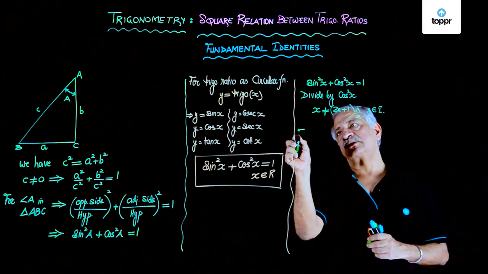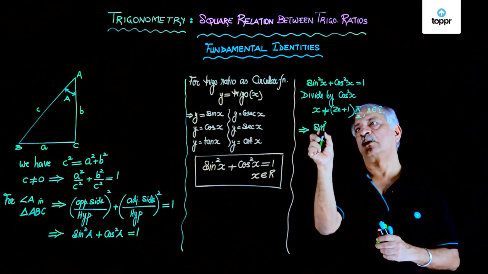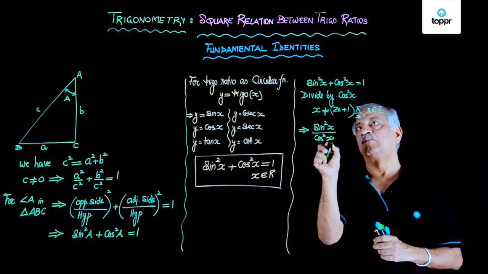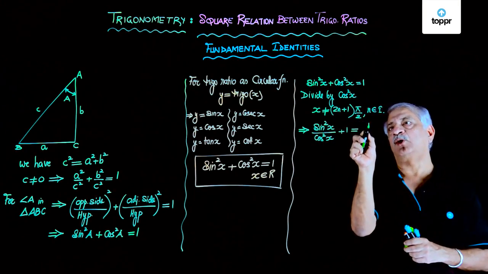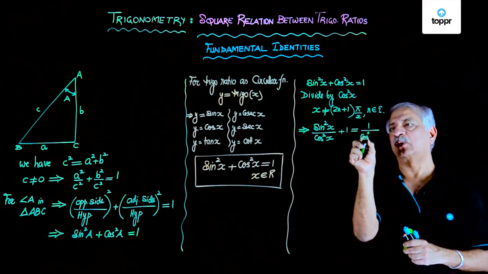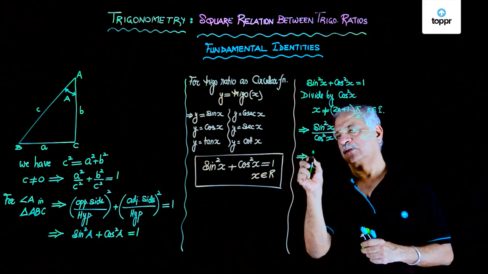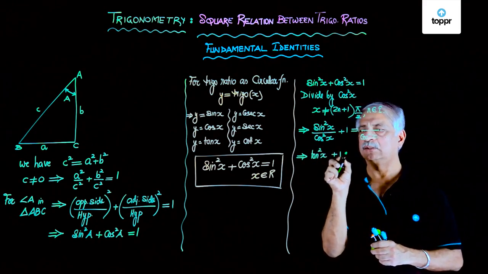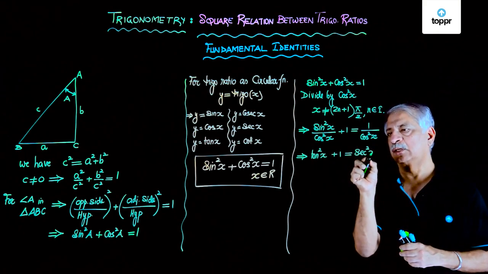With this, we have sin square x upon cos square x plus 1 is equal to 1 upon cos square x, which is tan square x plus 1 is equal to sec square x.